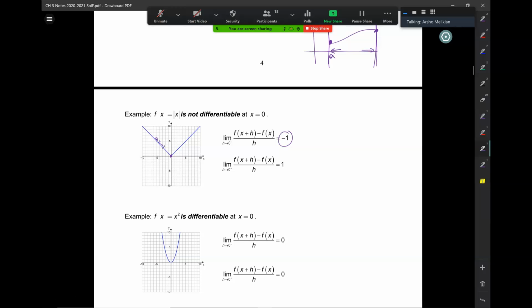But when I find the derivative immediately to the right of that, I get a slope of +1. Because the left and right-hand side derivatives don't have the same value, I say there is no derivative at x equals 0.